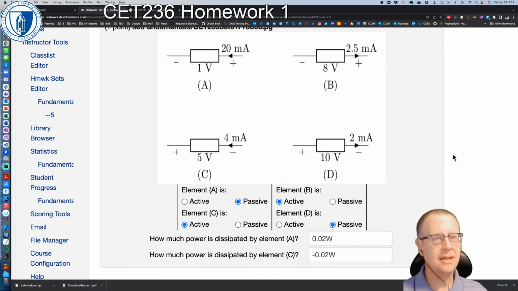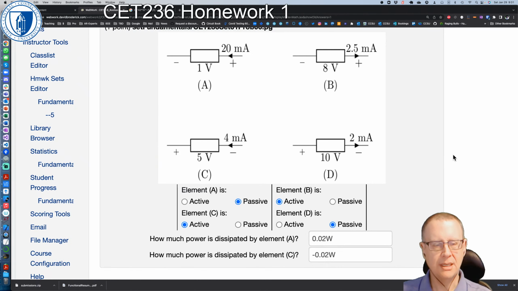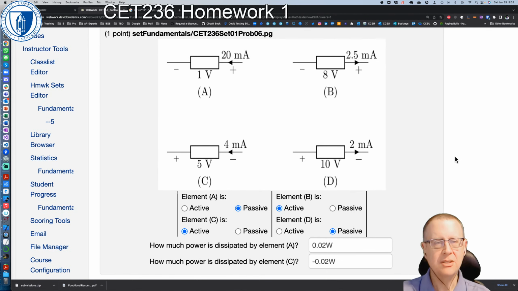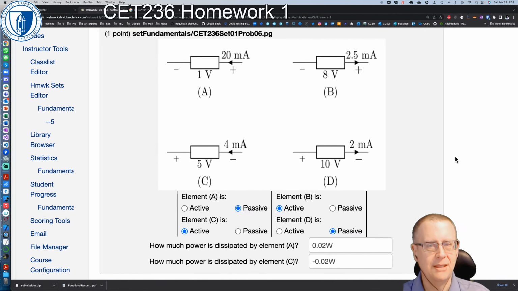So this is a question about the passive sign convention. Remember, if the device satisfies the passive sign convention, then the current is flowing into the positive side.